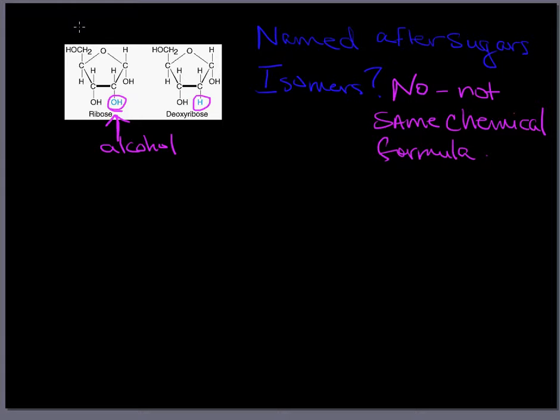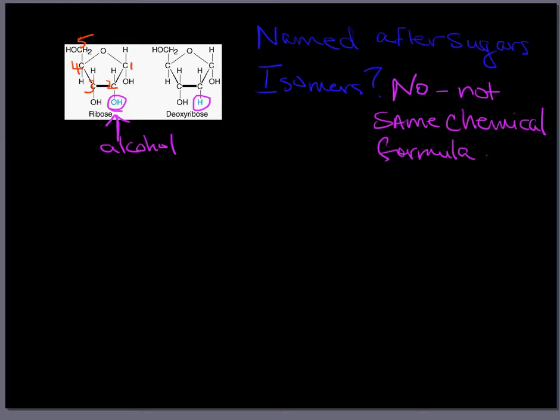Let's go back and think about how we talked about numbering carbons in a cyclic. So we're starting at 12 up here, going to the first carbon that comes about clockwise. So this would be carbon 1. This is carbon 2, 3, 4, 5.